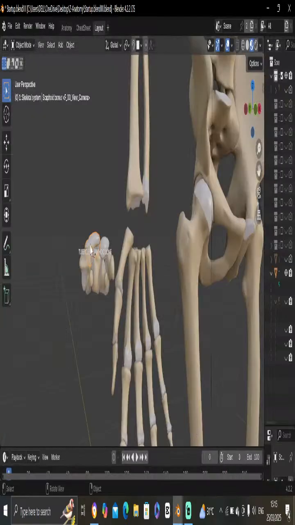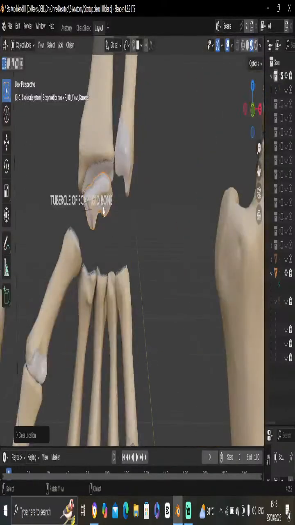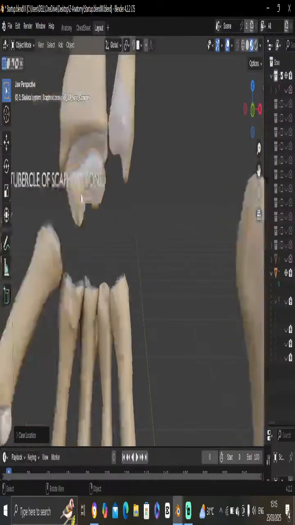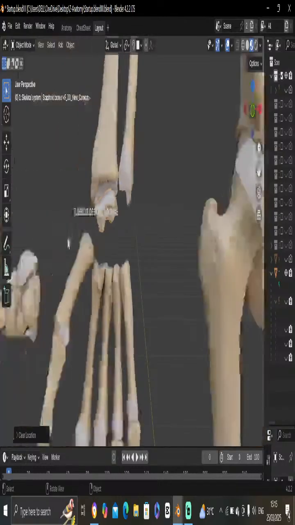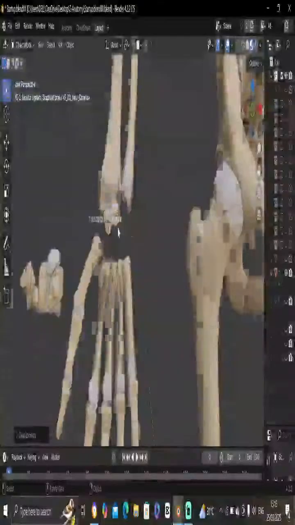This is the scaphoid bone. Let's bring it back to its anatomical position. The scaphoid bone is boat shaped, and it is the largest bone in the proximal row. It articulates majorly with the radius.